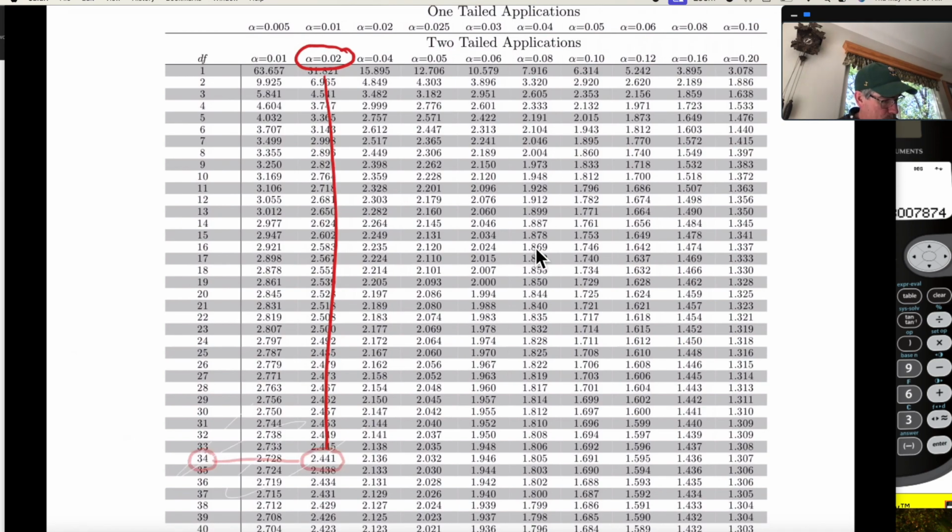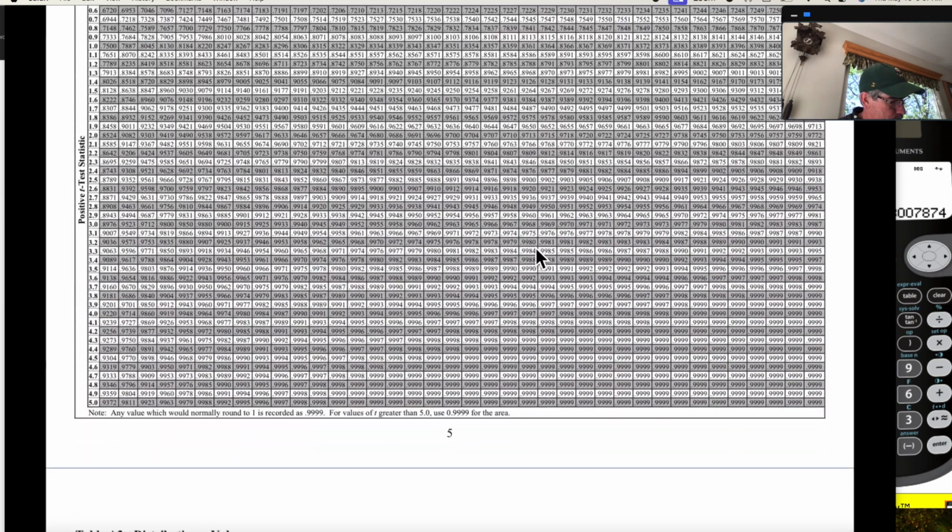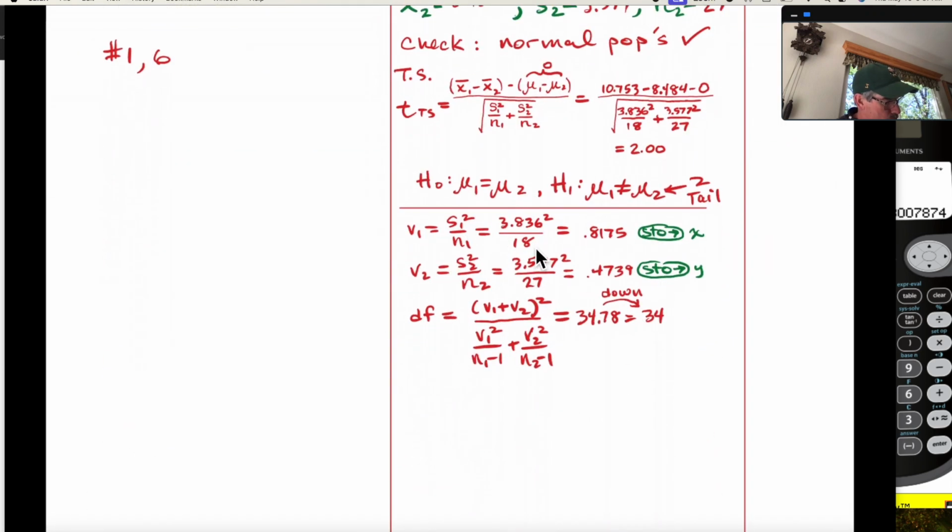Okay, let me get rid of that and go back down here. I'm sketching a little bell curve. Okay, so it's 2.441, but then just keep in mind it's a two-tailed test on a t distribution.